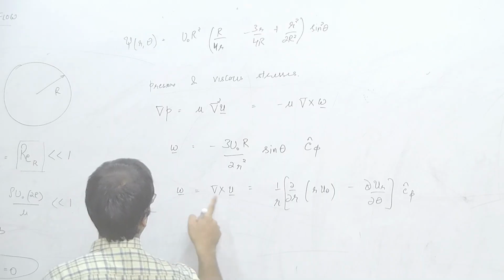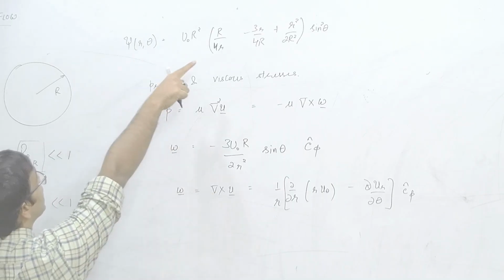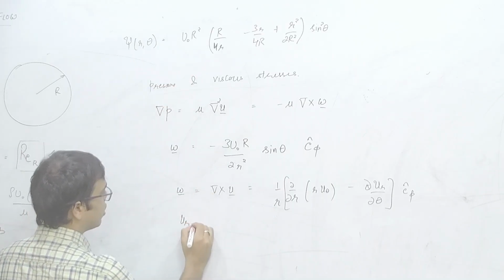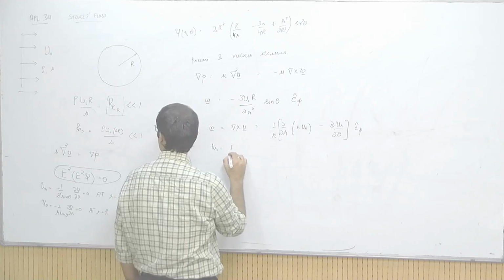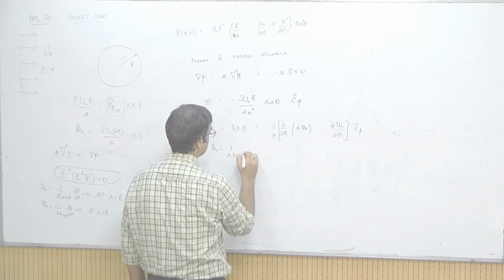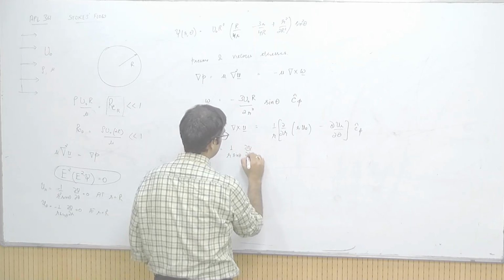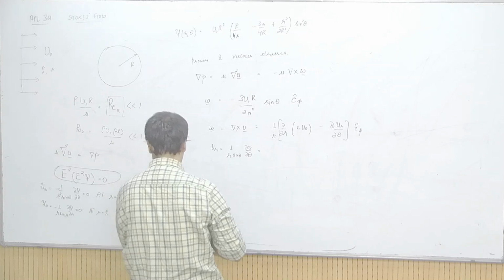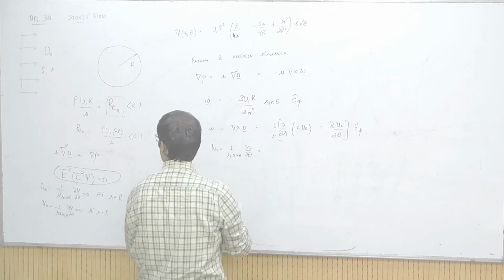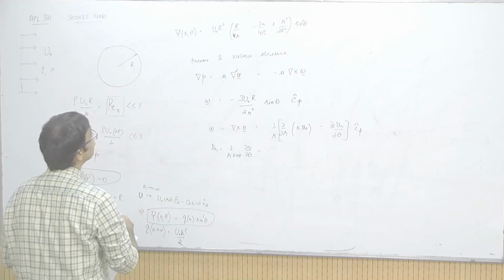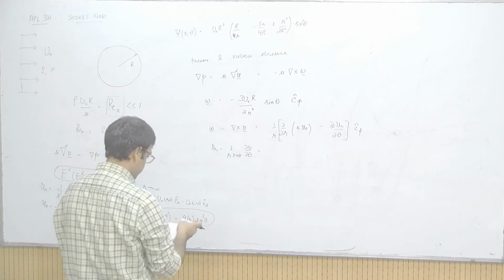We know that velocity has only r and theta components, which is defined in terms of psi. So 1 by r sine theta del psi over del theta, which is equal to, you can differentiate your stream function and calculate the radial velocity.